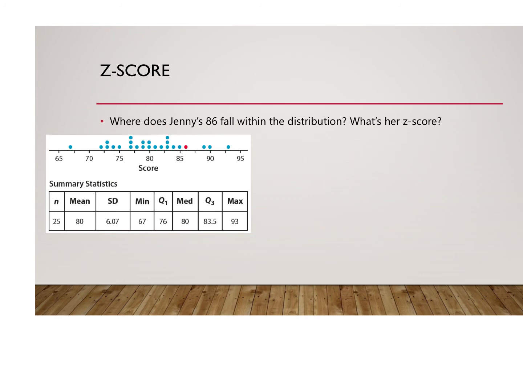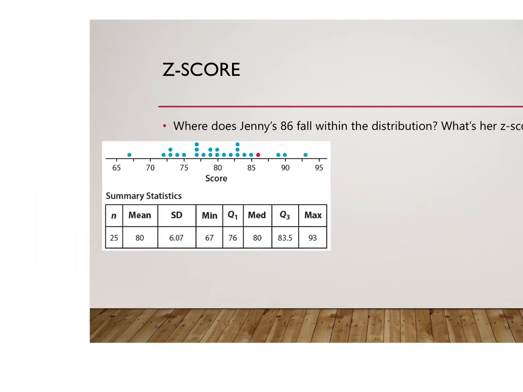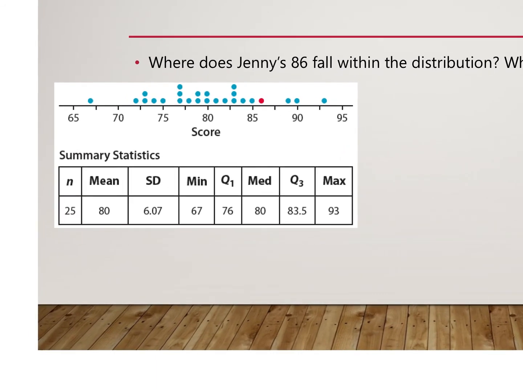Okay, so here we have the summary statistics for the test we are looking at and Jenny's score of 86. Where does it fall within the distribution in relation to her z-score? We knew it was the 84th percentile, but how many standard deviations is that from the mean?